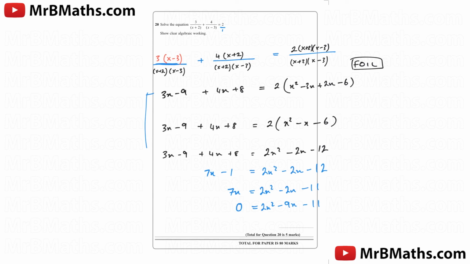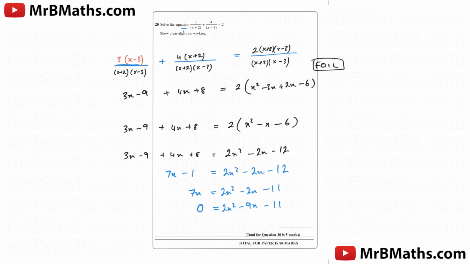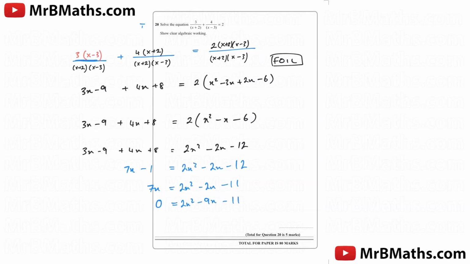Now, let me just clear this up, because it does say that we need to solve. So by looking at this equation, we should be able to see that it's quadratic, and that we're going to need to solve it. So I'm moving this to the left-hand side now, just to free up some space. We need to solve this quadratic here, so we've got 2x squared minus 9x minus 11.